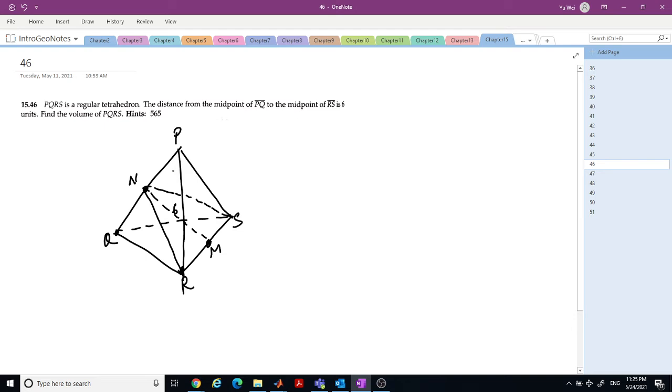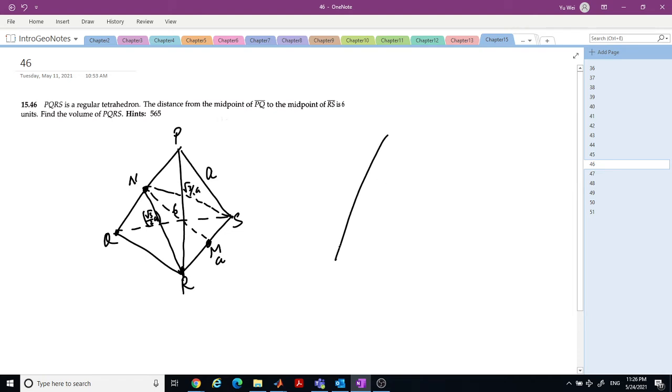So let's assume the side is a. Once we solve the side, we can solve everything. So once the side is a, this is root 3 over 2 a, right? And this will be a, and this will be root 3 over 2 a.